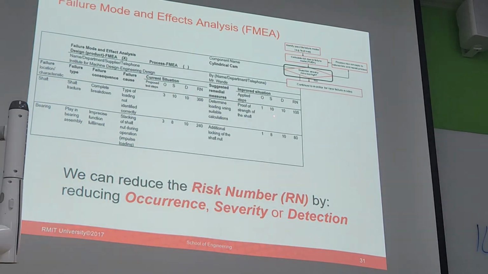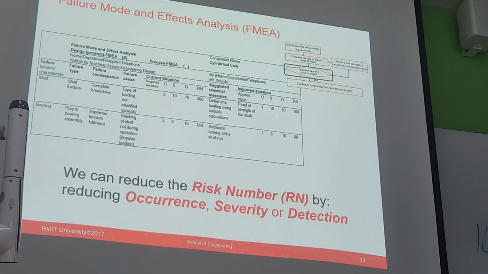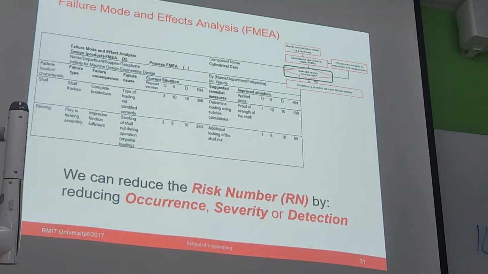In this case, 10 is too much, and O was 3. So therefore, we cannot change the 10 and 10, S and D. Maybe we can change the occurrence, and then 3 changes to 1, and then it means improvement: 1, 10, 10, and becomes 100. Can you put it in your paper?